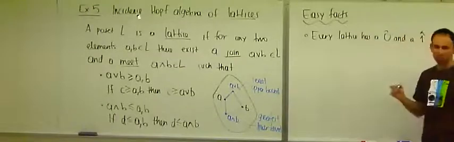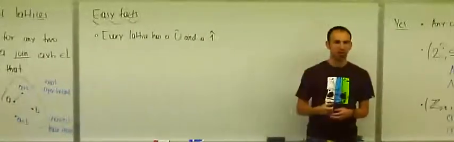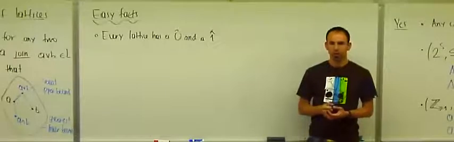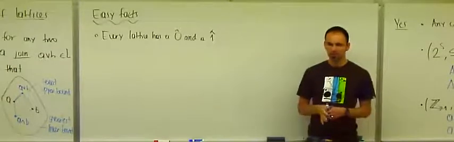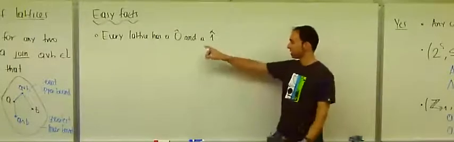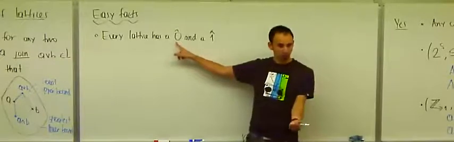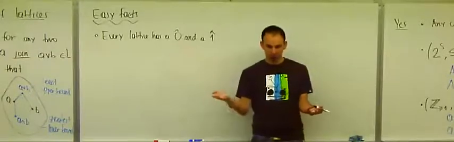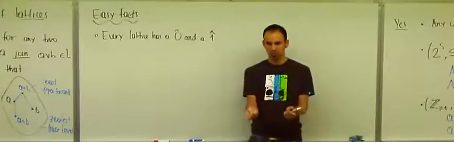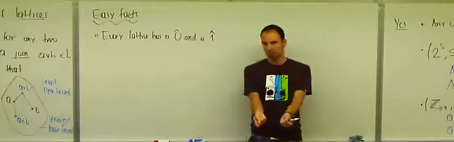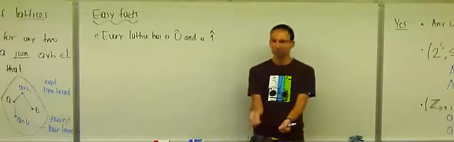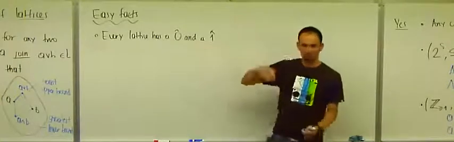It has a unique lowest element and a unique highest element. Okay? And again, let's think about why that is. Let me make the argument again very quickly. For example, if you didn't have a unique minimal element, that would mean that you would have several minimal elements. But then what would be the meet of two minimal elements? You couldn't have that. So that's why you have to have a 0, and dually, that's why you have to have a 1.